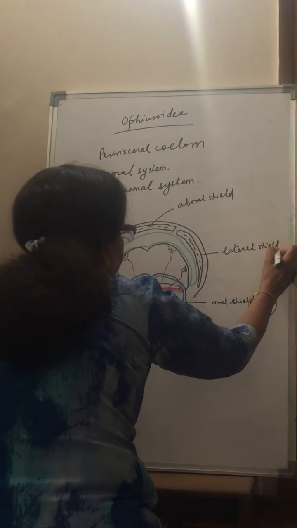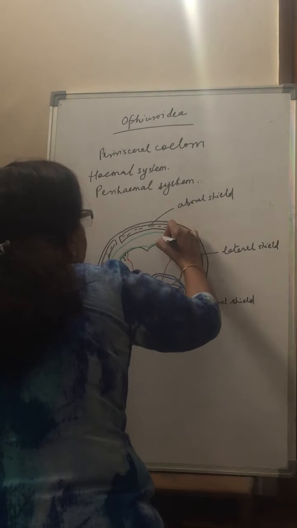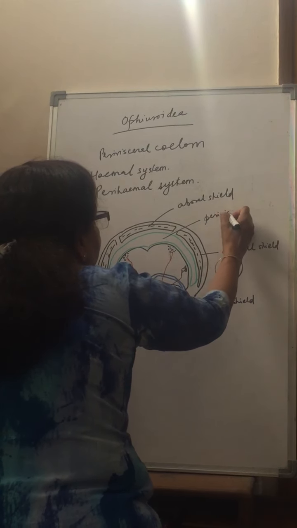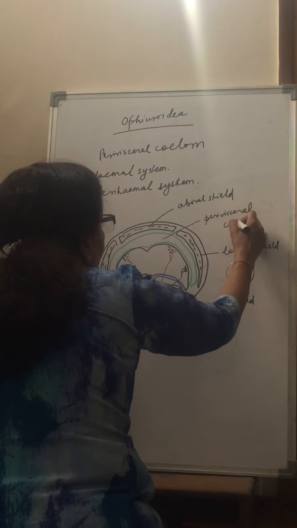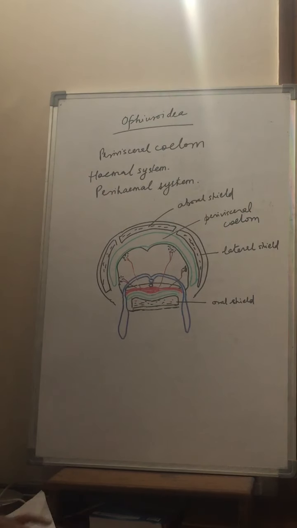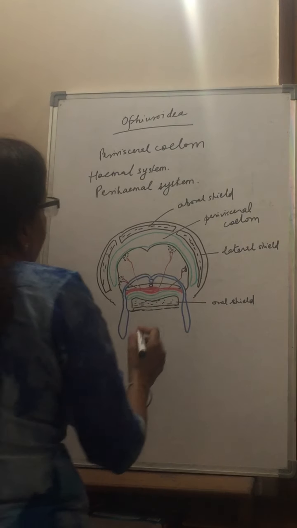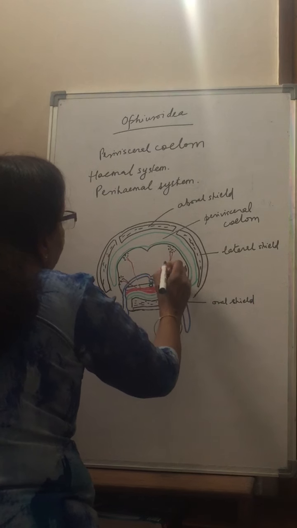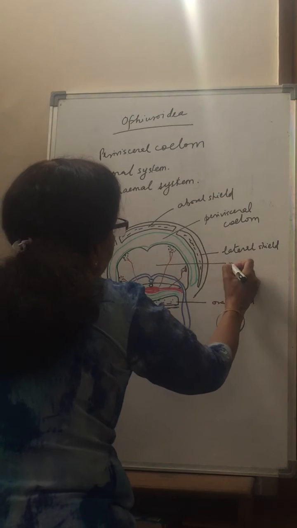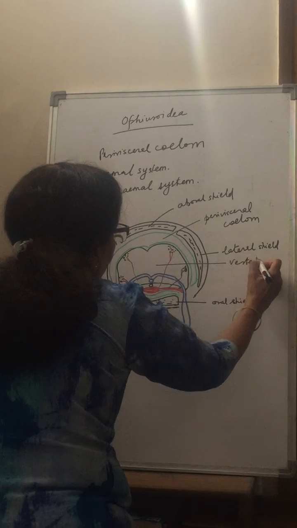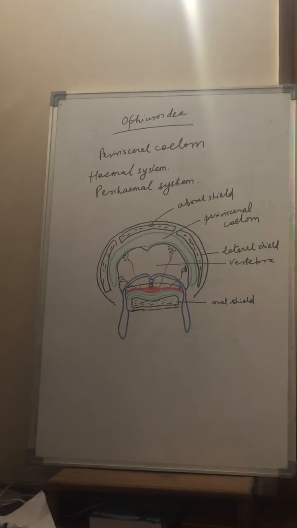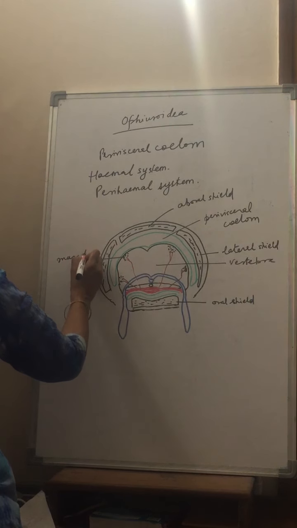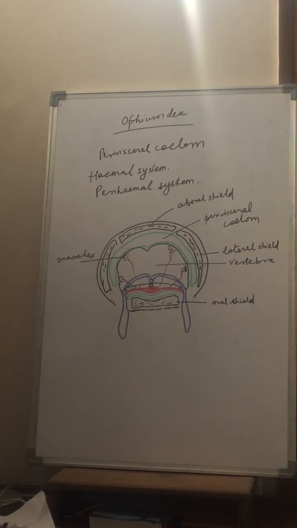Below this, the one in green, this is the perivisceral coelom. And below this, this is the vertebra, which is actually an ossicle, and these are the muscles of the vertebra.